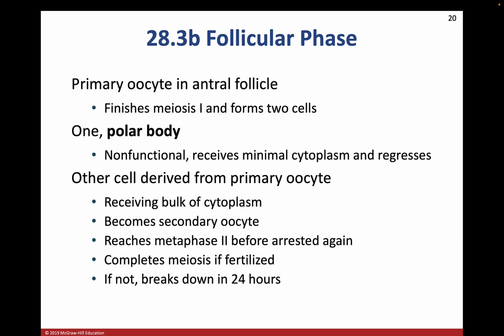It receives the majority of the cytoplasm, and this is what actually becomes the secondary oocyte. Now remember, this secondary oocyte is haploid. It will reach metaphase 2, but then meiosis will be arrested yet again, and meiosis will only be completed if the egg is actually fertilized. If not, it breaks down within 24 hours.